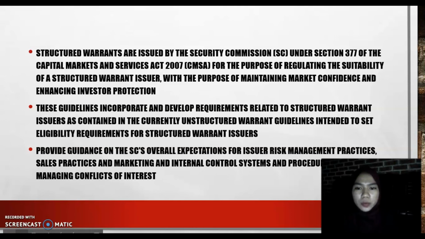This guideline incorporates and develops requirements related to structured warrant issuers as contained in the current unstructured warrant guideline, intended to set eligibility requirements for structured warrant issuers. It provides guidance on the Securities Commission's overall expectations for issuers, risk management practice, sales practice and marketing, and internal control systems and procedures for managing conflicts of interest.